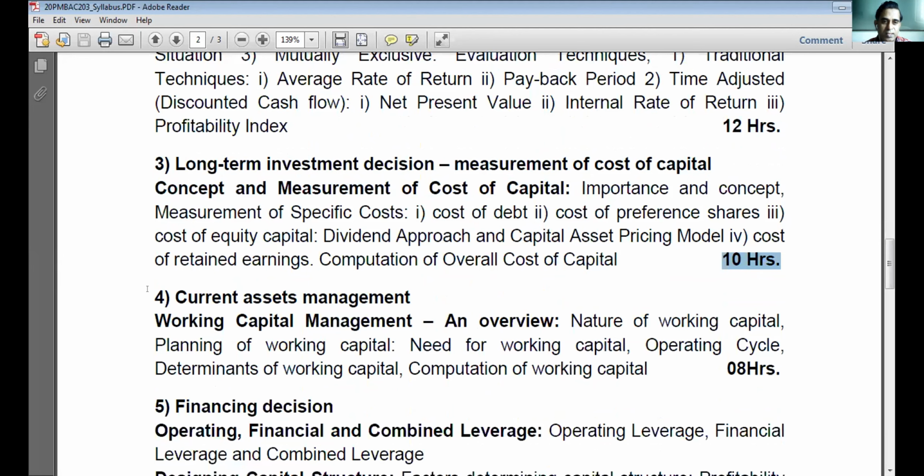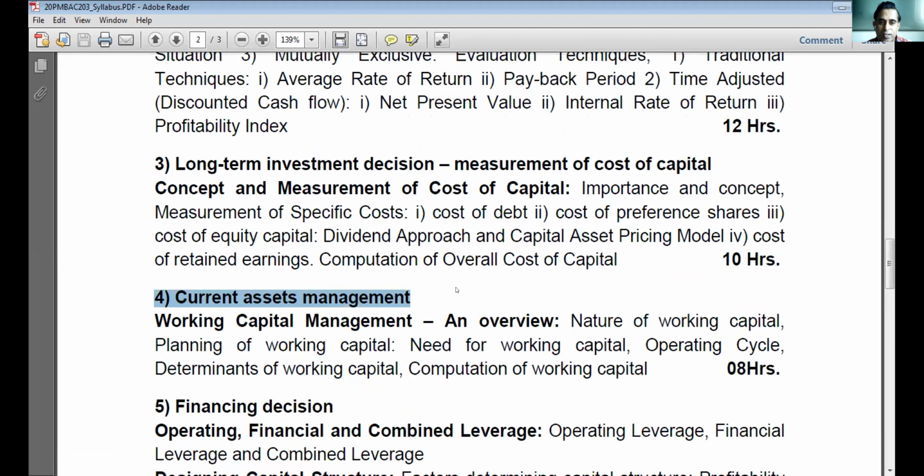In today's class, we are going to begin unit 4, current assets management. Whereas in the last 2 units, we learned about long-term investments, the company also has to make investments in current assets, for example, purchase of raw materials, then debtors.